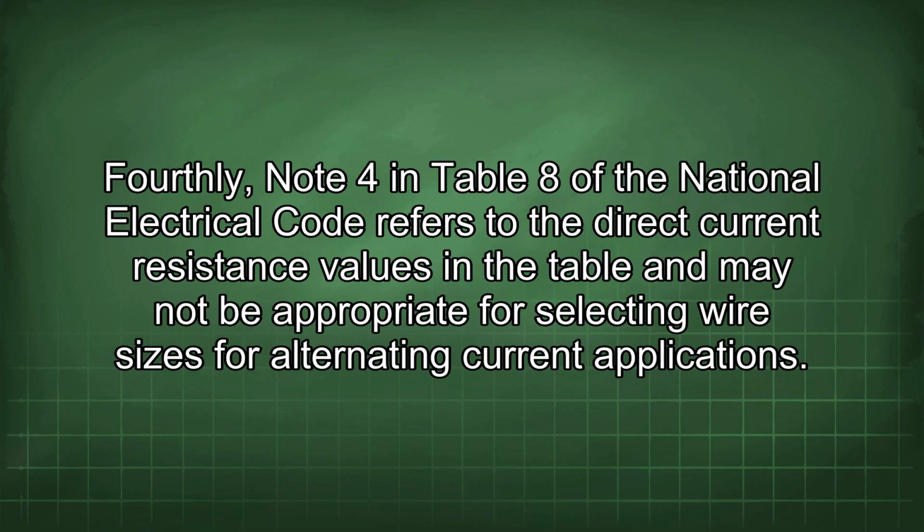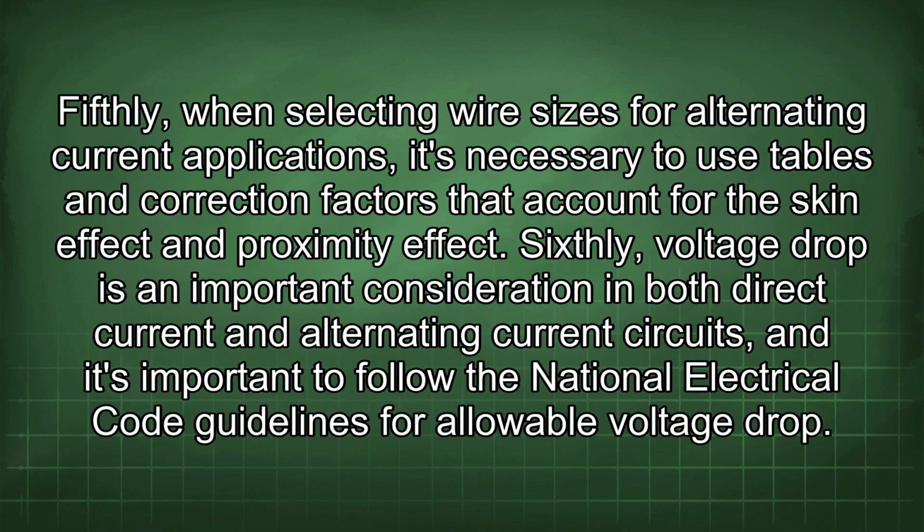Fourthly, Note 4 in Table 8 of the National Electrical Code refers to the direct current resistance values in the table and may not be appropriate for selecting wire sizes for alternating current applications. Fifthly, when selecting wire sizes for alternating current applications, it's necessary to use tables and correction factors that account for the skin effect and proximity effect.